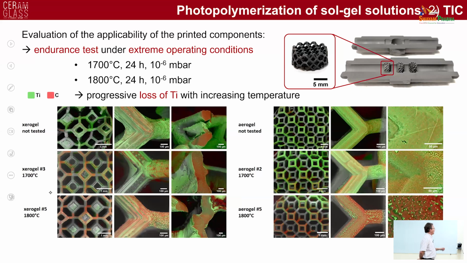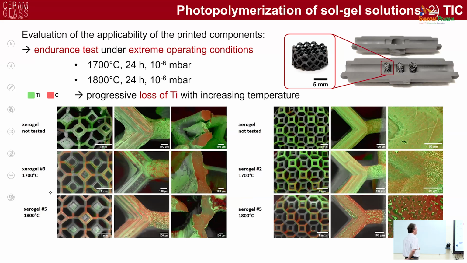And the next question was if this material could endure working under extreme operating conditions. So we didn't go to 2000 degrees, 10 to the minus 9 millibar. We went to 1700 and 1800 for 24 hours at 10 to the minus 6 millibars.